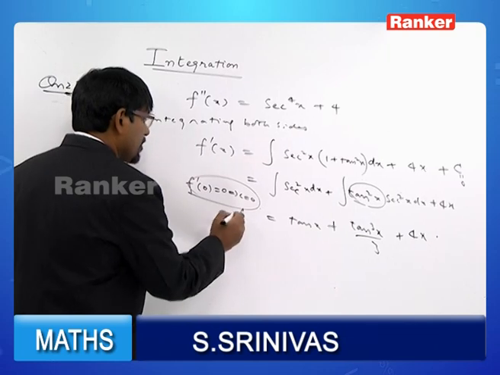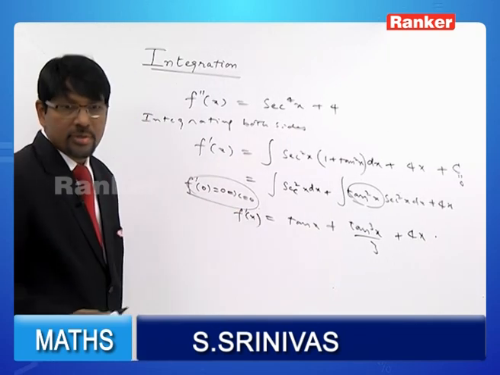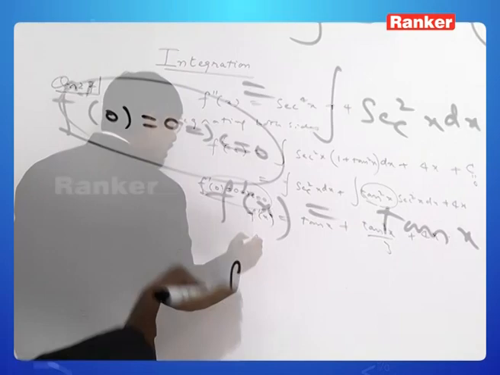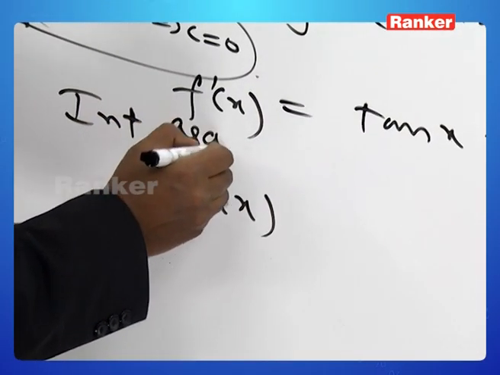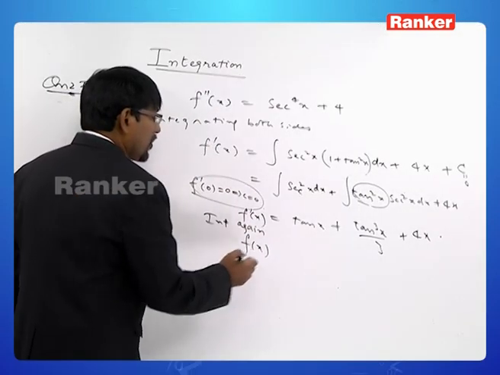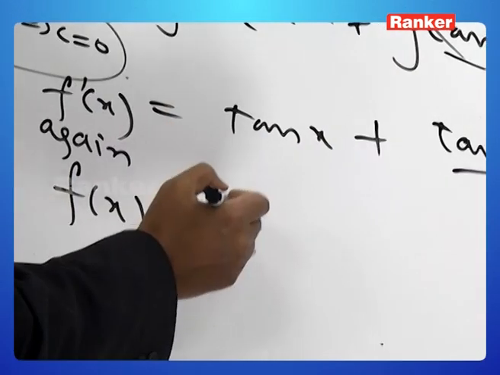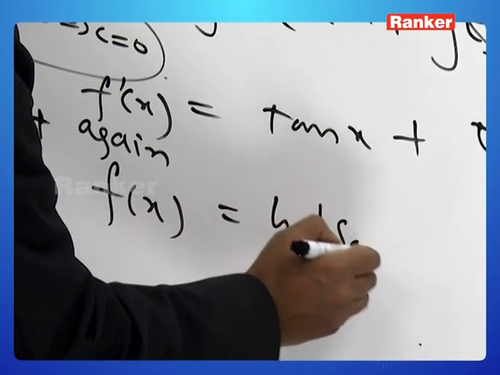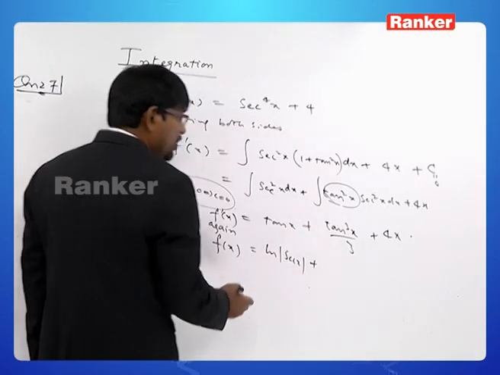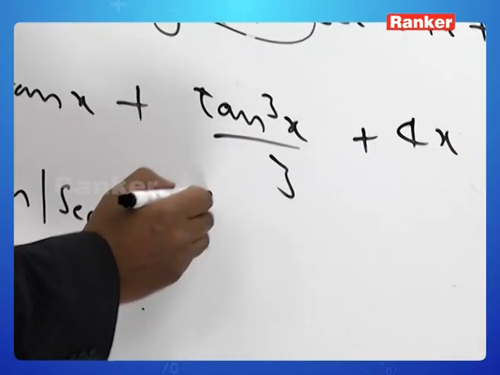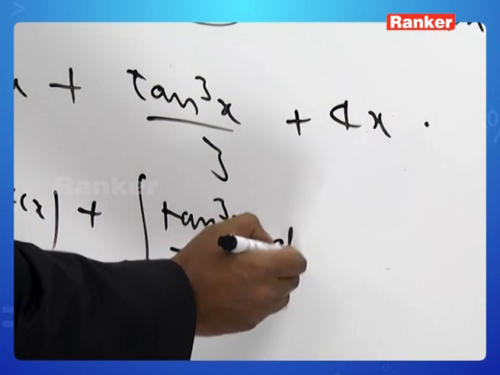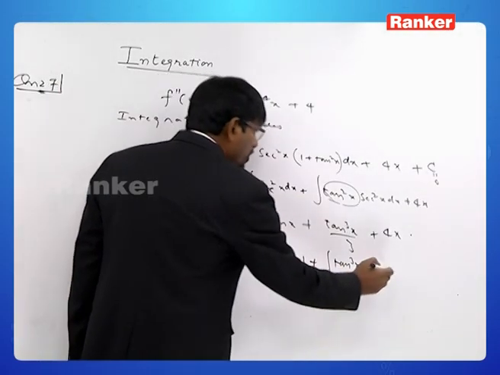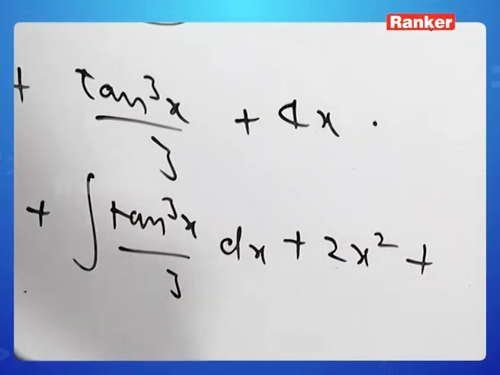Okay, that is f dash of x. But we wanted f of x. So, again I will have to integrate, integrating again to get f of x. What is the integral of tan x? Log mod secant x. Now, for the integral of tan cube x by 3, we will take it up, plus 4x into x square by 2, that is 2x square, plus we should allow again some constant k.